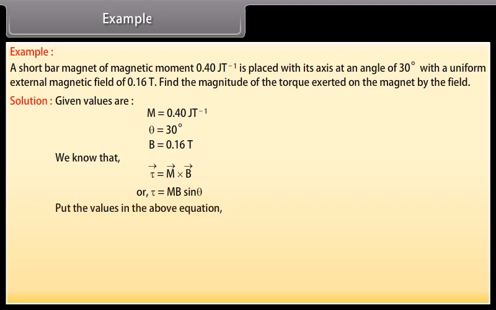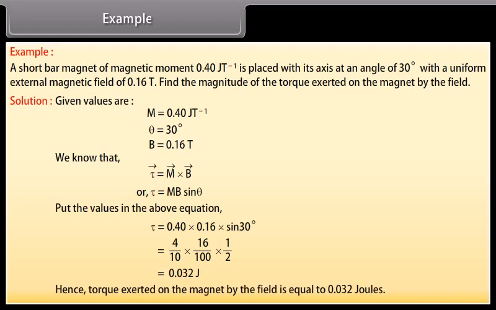Put the values in the above equation. Tau is equal to 0.40 into 0.16 into sine 30 degrees. On calculating, we get the value of tau, which is equal to 0.032 joules. Hence, the torque exerted on the magnet by the field is equal to 0.032 joules.